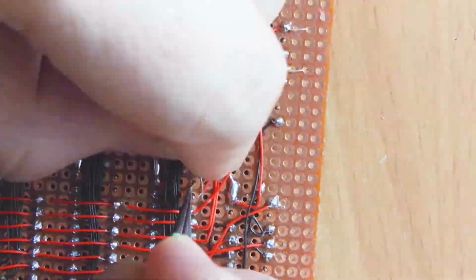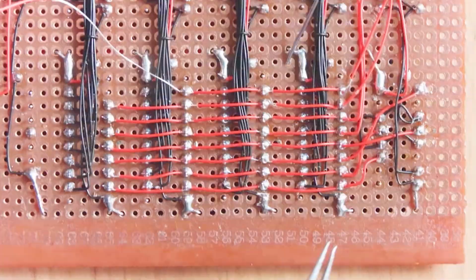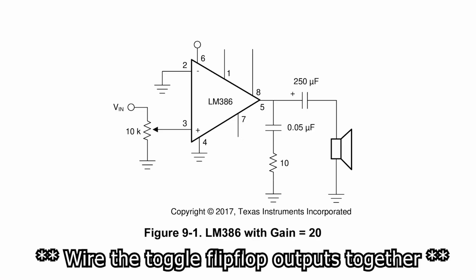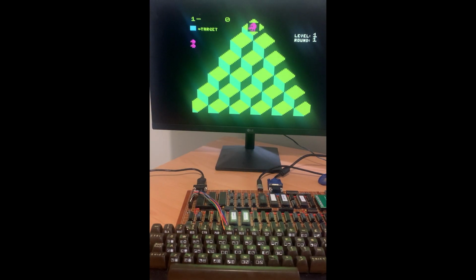Let me just finish wiring up this bus. I'll just wire these signals together through some resistors and feed them into an audio amplifier and connect it up to a speaker. Let's see how it goes. This is just captured with my iPhone, and it's actually quite a bit louder in real life.